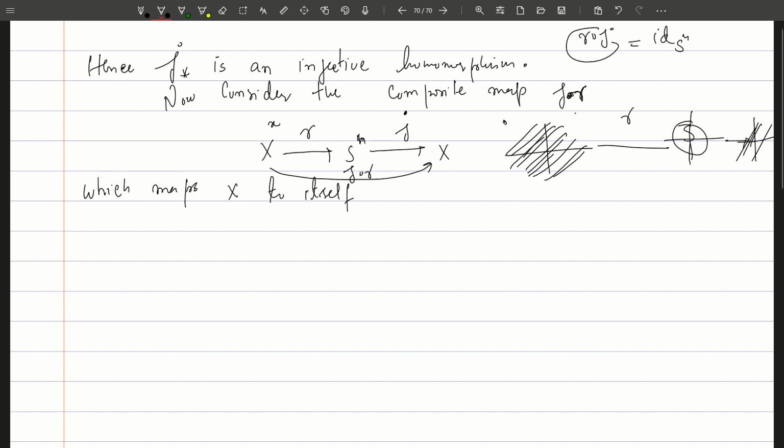We take some point here, then we take x over norm x, so we get a point on the circle S1, and this is the inclusion map.